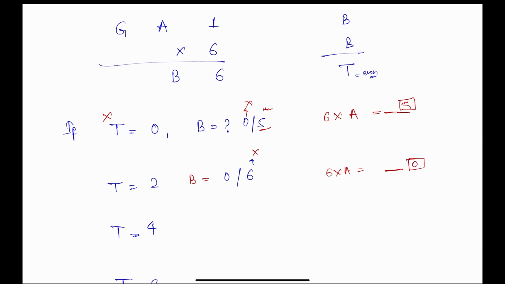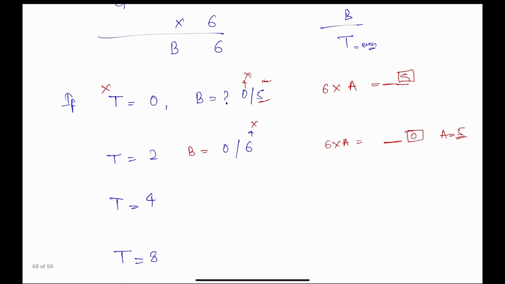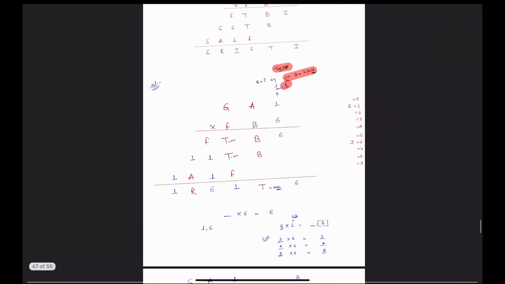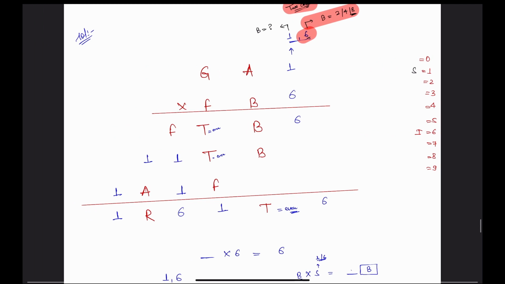So A will be 5, right? So then this is possible. B will be 0, T will be 2, A will be 5. Let me see, it's possible. A will be 5, then B will be 2.